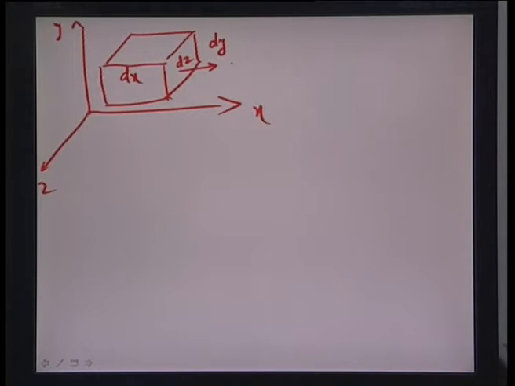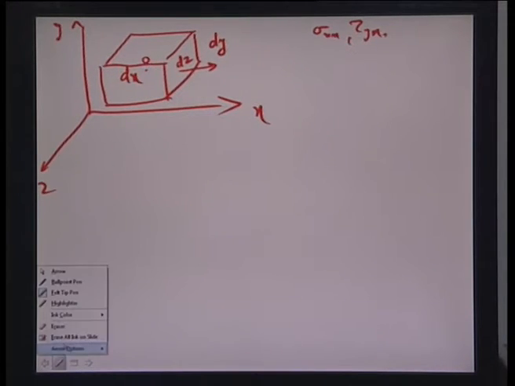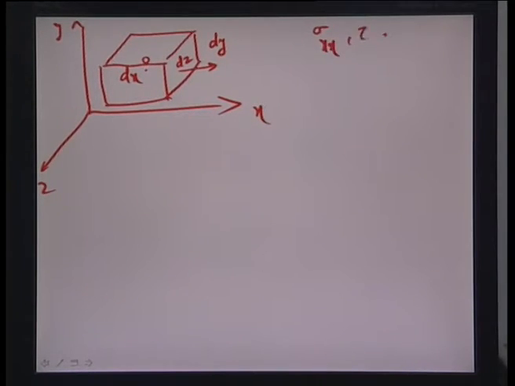We assume that this cube is centered about a point O, where you have sigma xx, tau yx, which means due to a force in x, the area vector is in the y direction, and tau zx.